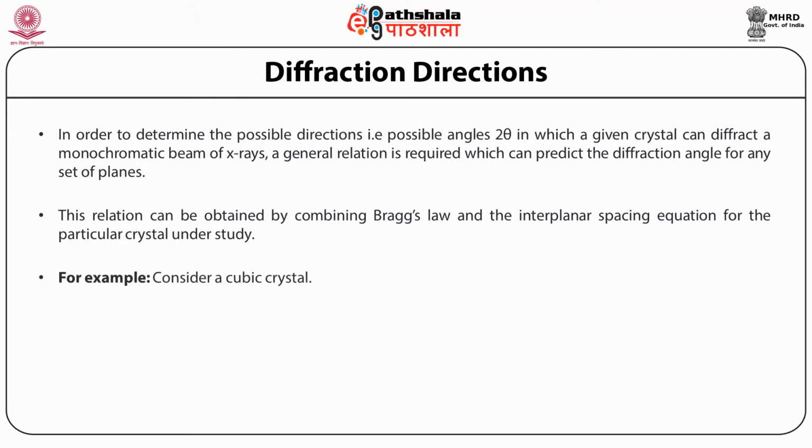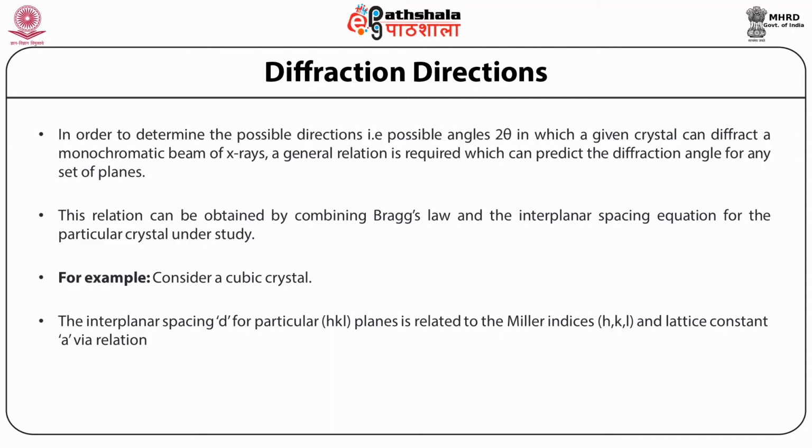For example, consider a cubic crystal. The interplanar spacing d for particular hkl planes is related to the Miller indices h, k and l and lattice constant a, where the relation is 1 by d square equals h square plus k square plus l square divided by a square.